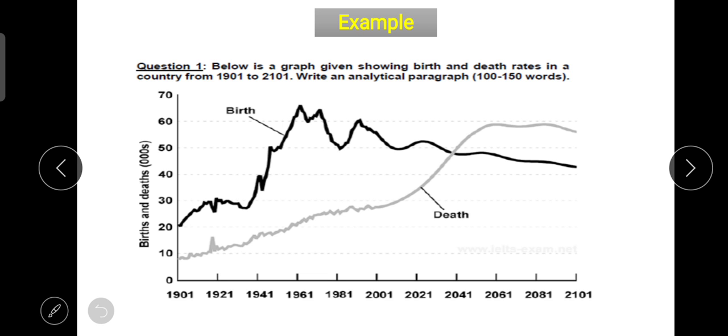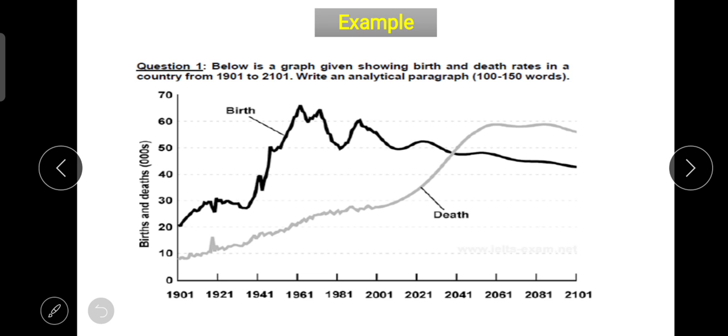So to begin with, we need to start with the introduction of the given data. So what is the data about? It is mentioned in the question itself. Given graph showing birth and death rates in the country, name of the country is not mentioned, from 1901 to 2101. So we got our introduction over here.